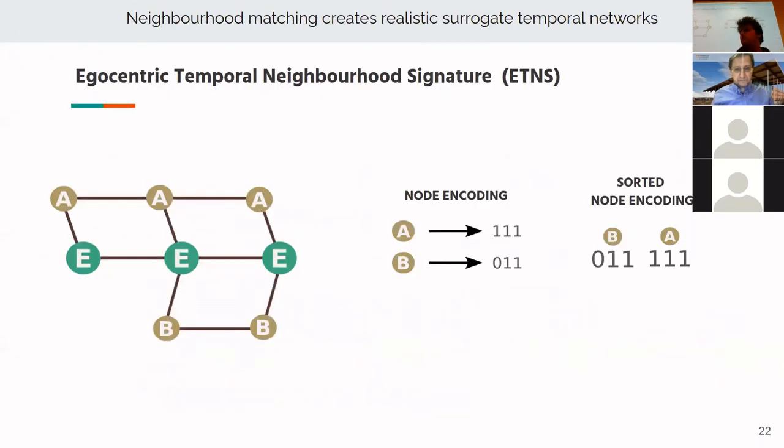Suppose that you have this graph and this representation. You have the node encoding, and suppose that a new node arrives, a node C, connected to the ego.